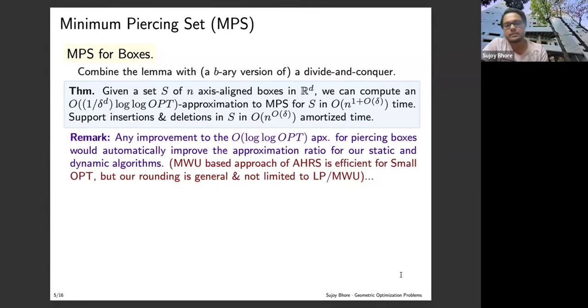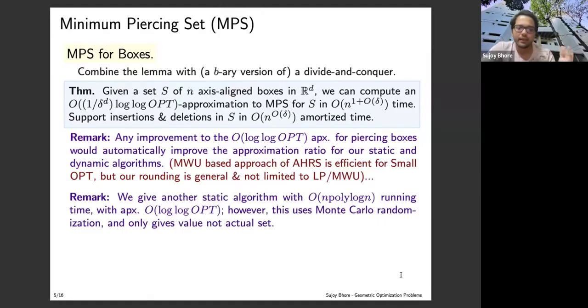So this MW-based approach by Agarwal et al. is efficient for small opt, but this rounding mechanism that we have described is somewhat general, and it's not related to any LP or MW type mechanism. But in all fairness, we incur some extra constant factor related to this 1 over delta to the d, which is okay as a constant blow up asymptotically. But if one cares about this, then the Agarwal et al. factor was slightly better.